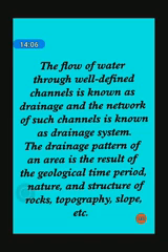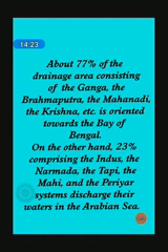The drainage pattern of an area is the result of the geological time period, nature and structure of rocks, topography, slope, etc. About 77% of the drainage area, consisting of the Ganga, the Brahmaputra, the Mahanadi, the Krishna, etc., is oriented towards the Bay of Bengal.